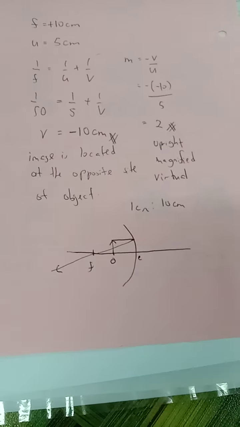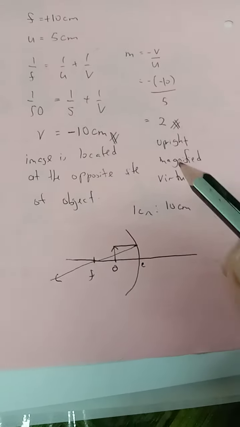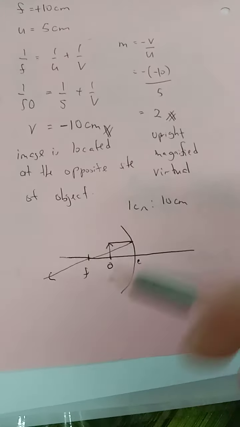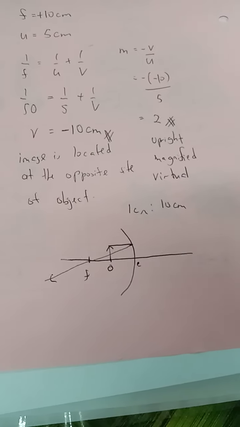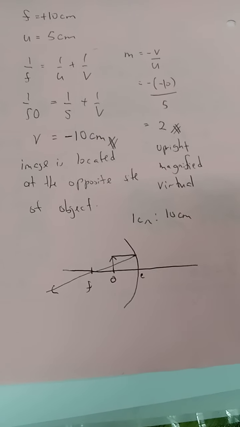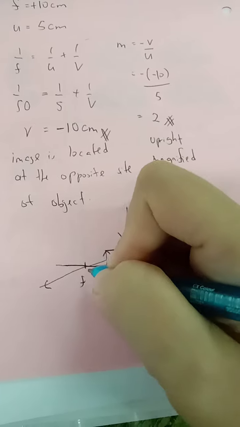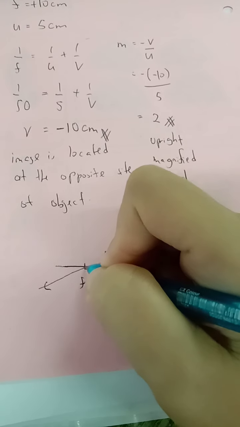The second step is that a ray that passes through the focal point, when reflected, will be reflected parallel with the central axis. Let's say I have a ray from the focal point here.